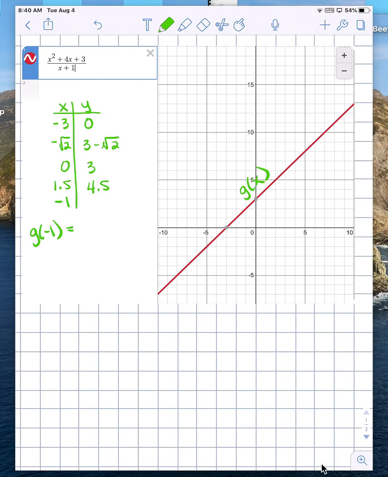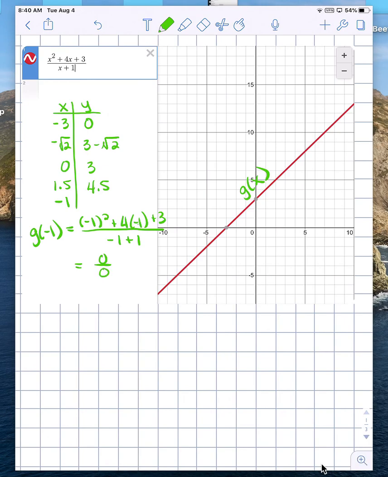If I find g of -1, plugging in -1 squared plus 4 times -1 plus 3 over -1 plus 1. In the numerator, that's 1 minus 4, which is -3, plus 3, that's 0, and then -1 plus 1, also 0.